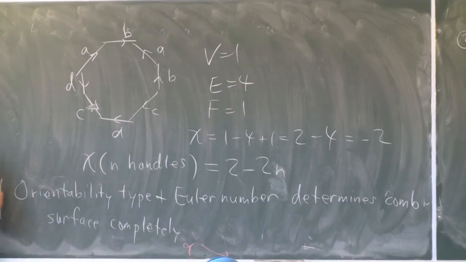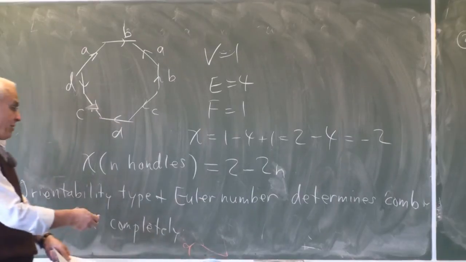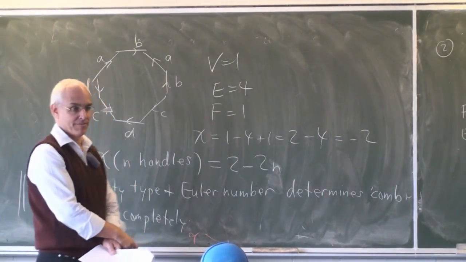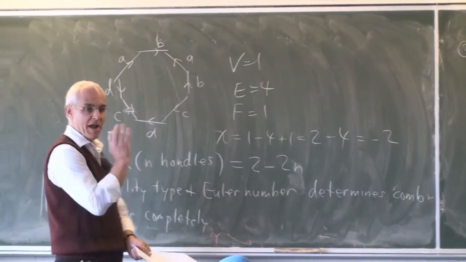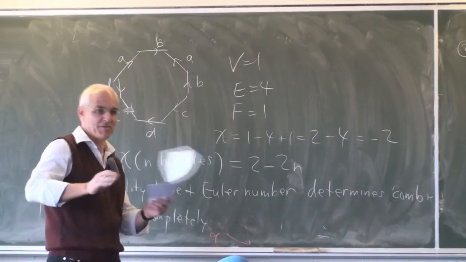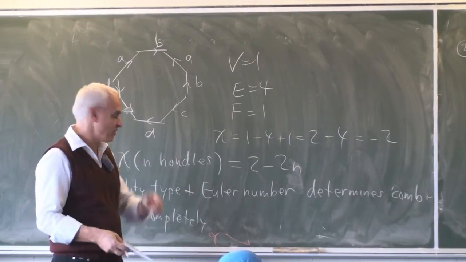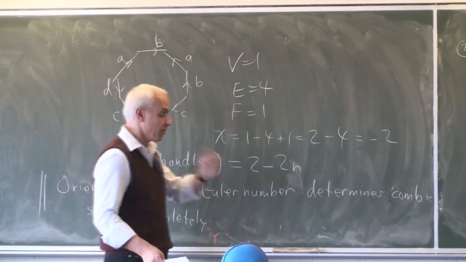And that's a very important fact about compact two-dimensional surfaces. Essentially the Euler number rules, plus orientability. So showing again how powerful and important the Euler number really is.